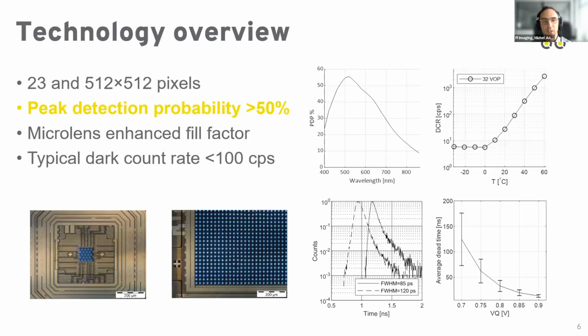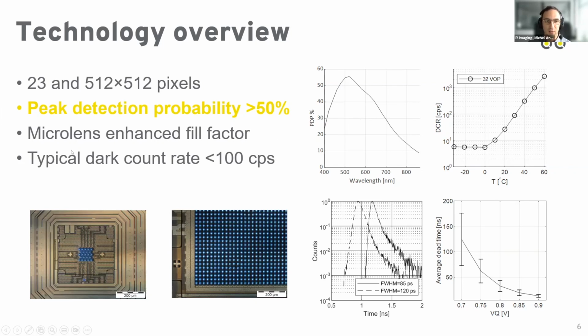Specifically for bioimaging technology, we are offering SPAD arrays and image sensors. So on the bottom, you can see a SPAD array with 23 pixels and a SPAD image sensor with 512 by 512 pixels. On the right-hand side, you can see the typical specifications with photon detection probability higher than 50%.